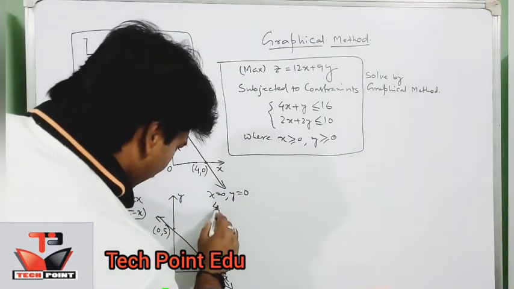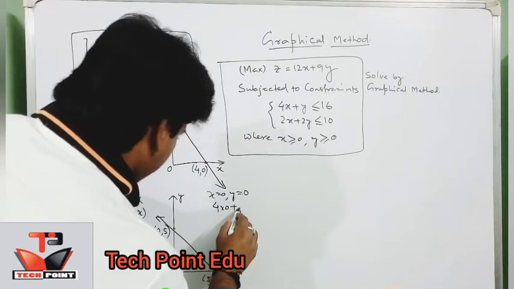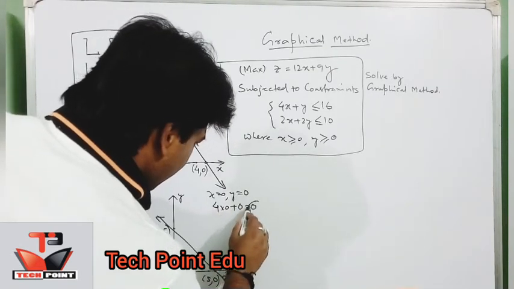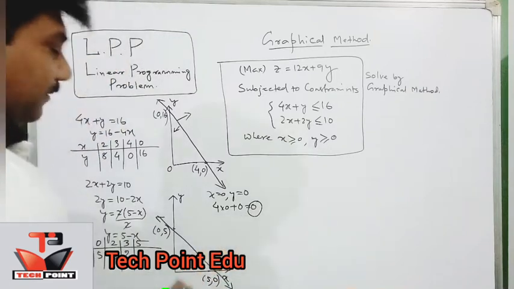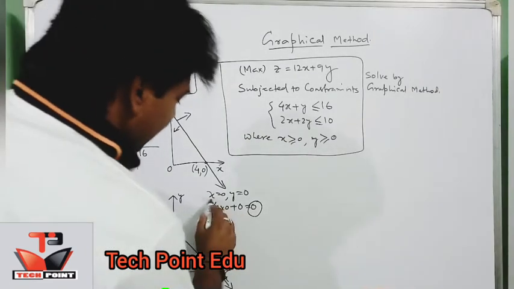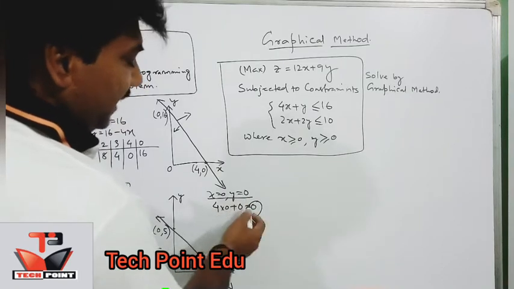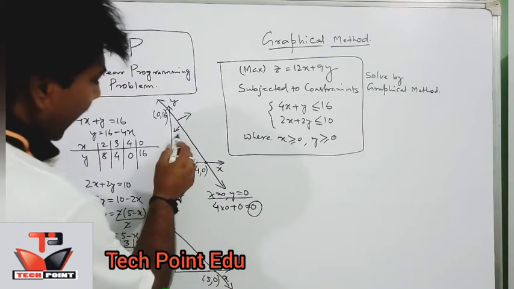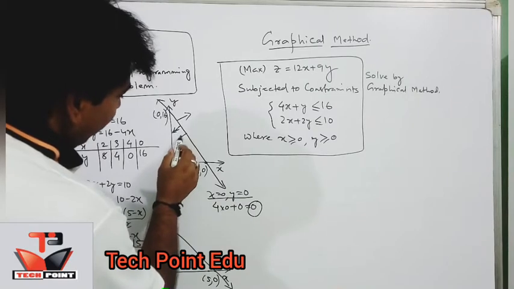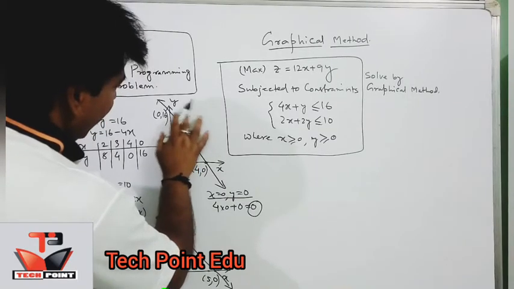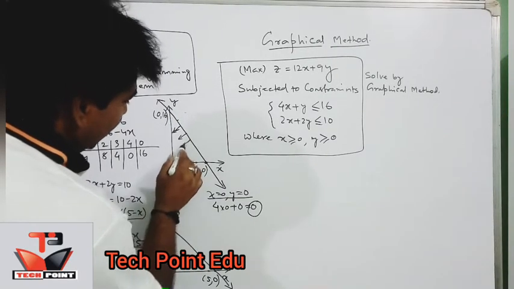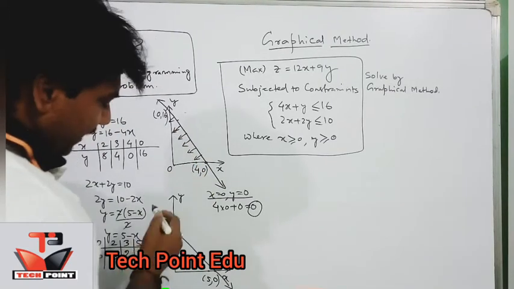Then it will be 4 into 0 plus 0, that means 0. This is the origin, and it is satisfying the equation. That means the arrows will be towards your left, not on your right, because the origin is this one. That's why the arrow will be towards your left, this side.